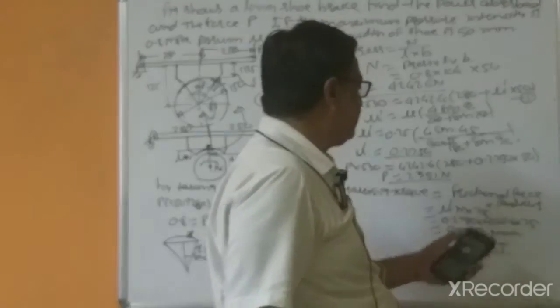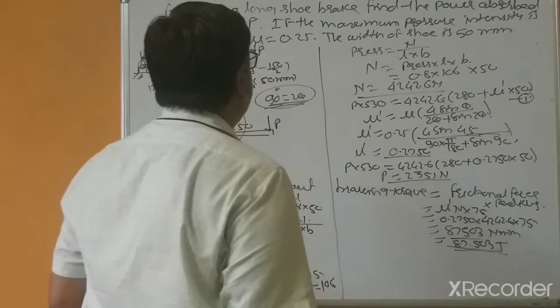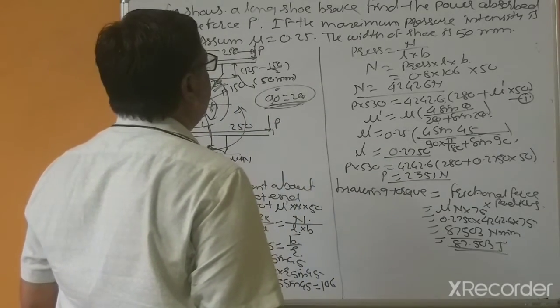Because this is 75, this is in radius. Braking torque. Find the power absorbed.